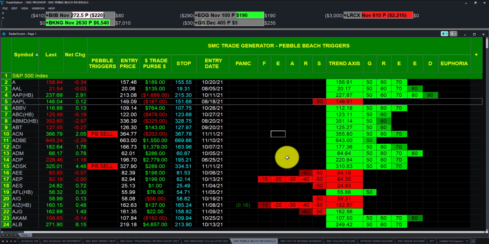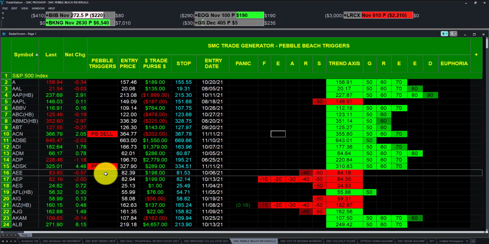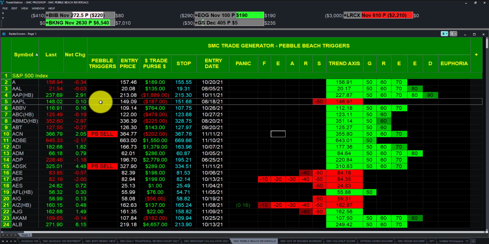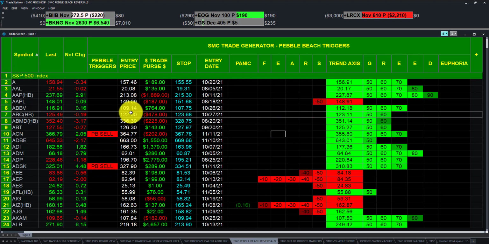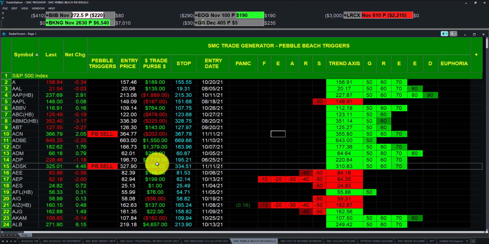You can use the trigger mechanism over here to generate significant counter trends that could, in some instances, be the start of a new trend. Gives you your entry price, gives a calculation of the purse. This calculation is based on a $10,000 trade down to one share.